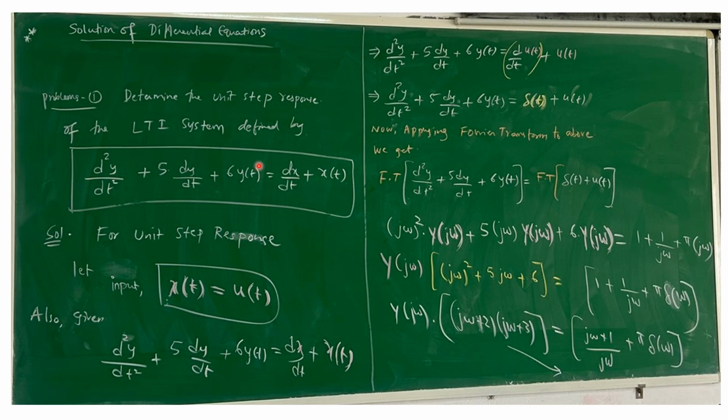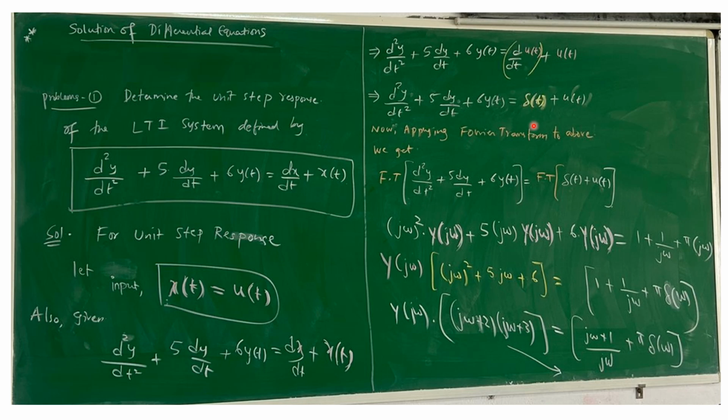For this differential equation we need to determine the unit step response. So in order to determine the unit step response, we assume input x of t is equal to u of t, and the Fourier transform will be applied on both sides. So in place of x of t I am substituting u of t.